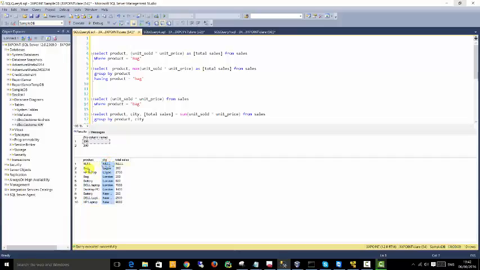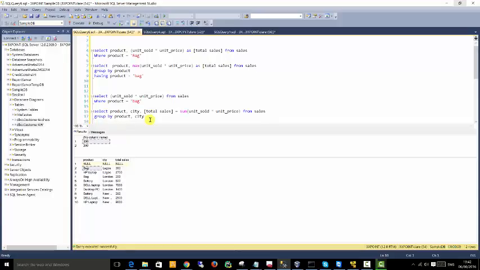Imagine if we had another bag that was sold in Lagos, then it would consider those as the same, sum them together and give us the value. But because Lagos is different from London, it treats them as two separate things. So this is all about group by that you need to understand. Nothing more. The moment you understand this concept, you are good to go.